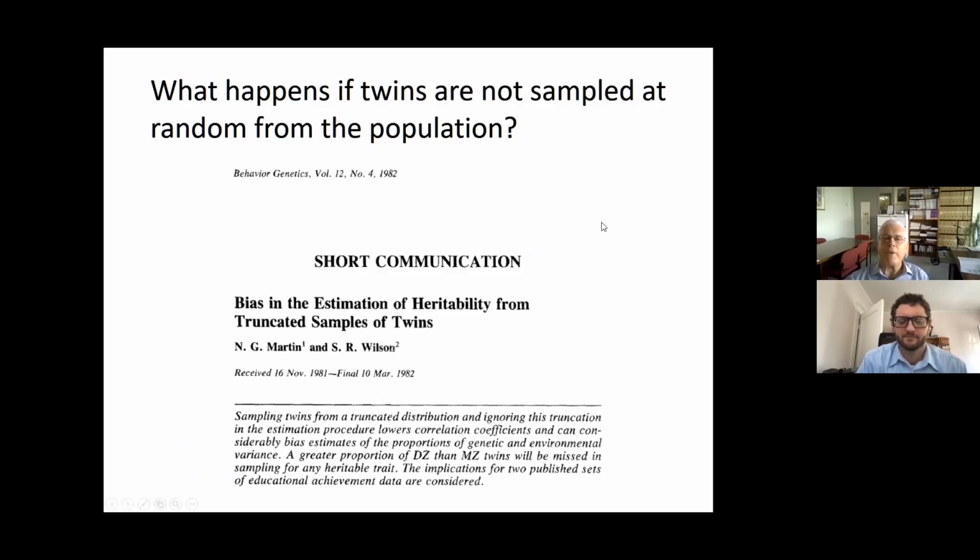And there was an exam that was taken by about two thirds of the age cohort, and one can safely assume it was the more able two thirds of the sample. And so I spent my honours year collecting all those twins and finding out their zygosity and calculating the heritability of all of these examination performance traits.